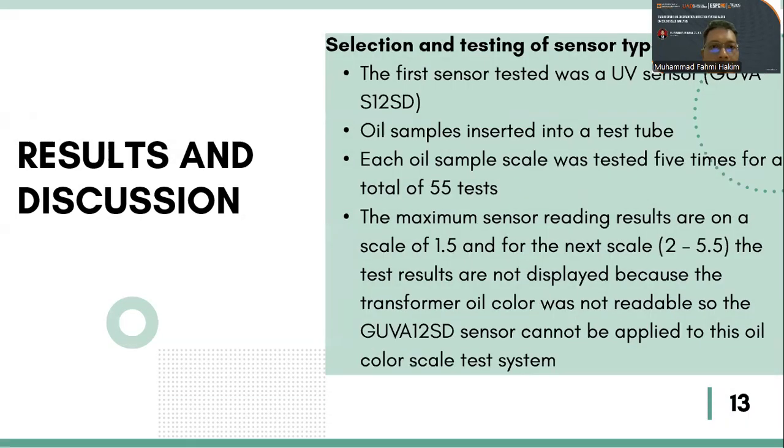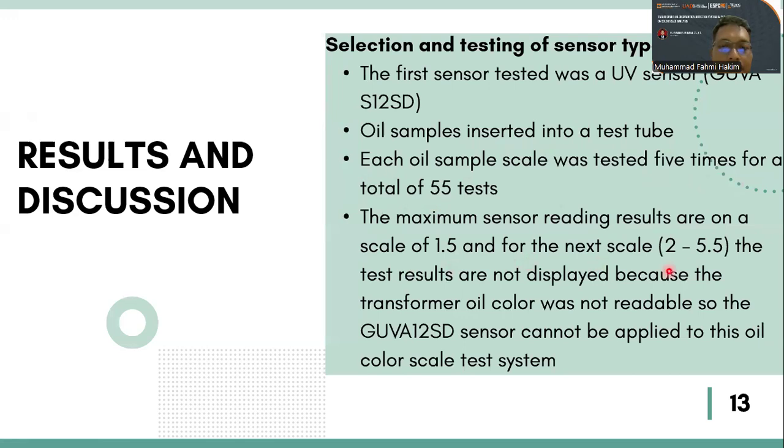And then next, selection and testing of sensor types. The first sensor tested was a UV sensor, and the oil samples were inserted into a test tube. Each oil sample scale was tested 5 times for a total of 55 tests, and the maximum sensor reading result is on a scale of 1.5.